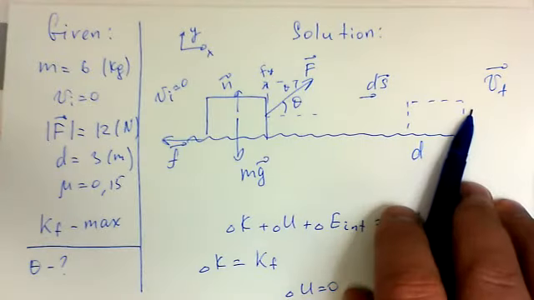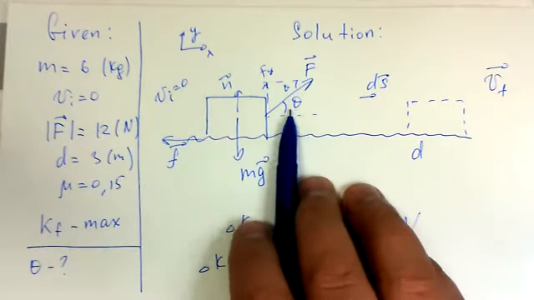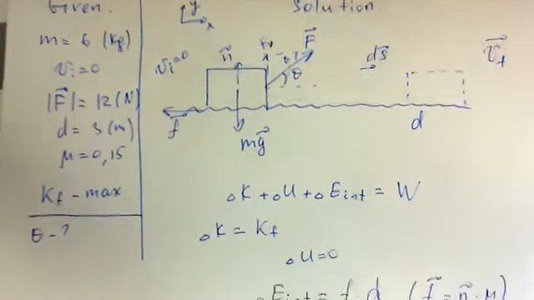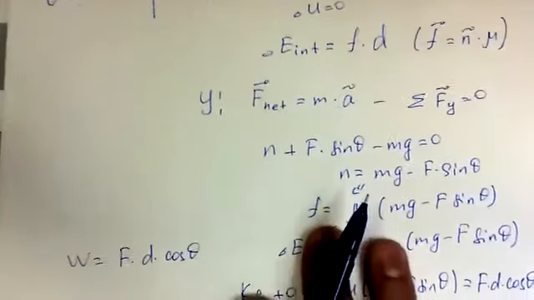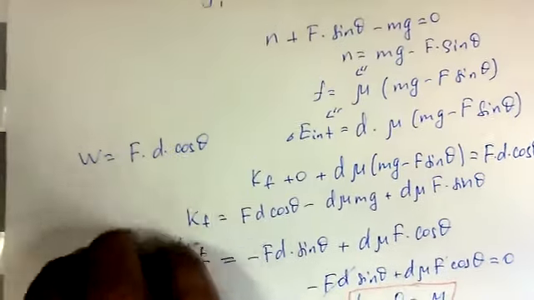And our final kinetic energy will gain some more value. So we found that there is a specific angle theta at which kinetic energy would be maximum. Okay, questions, please? With this part? No? Okay, then let's solve the next problem.